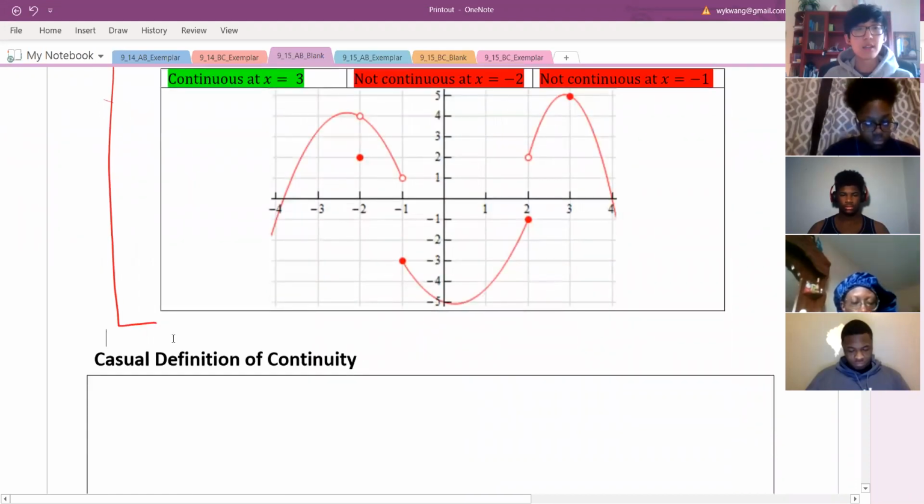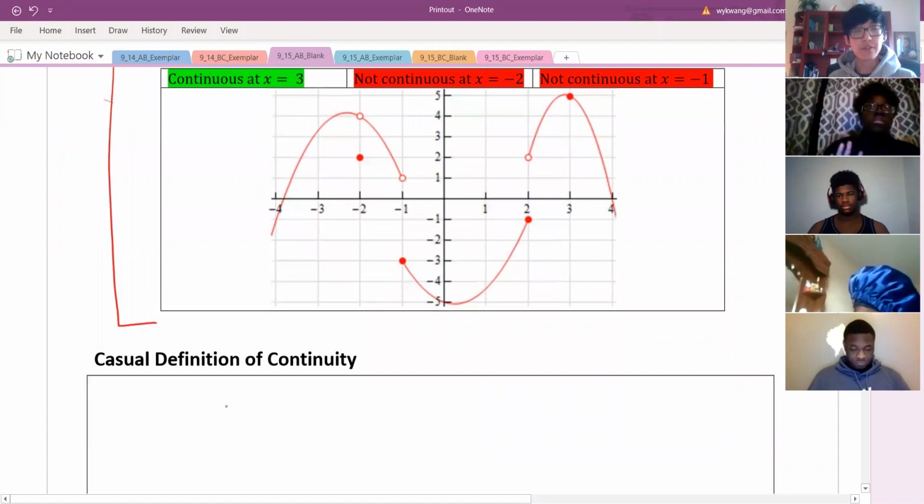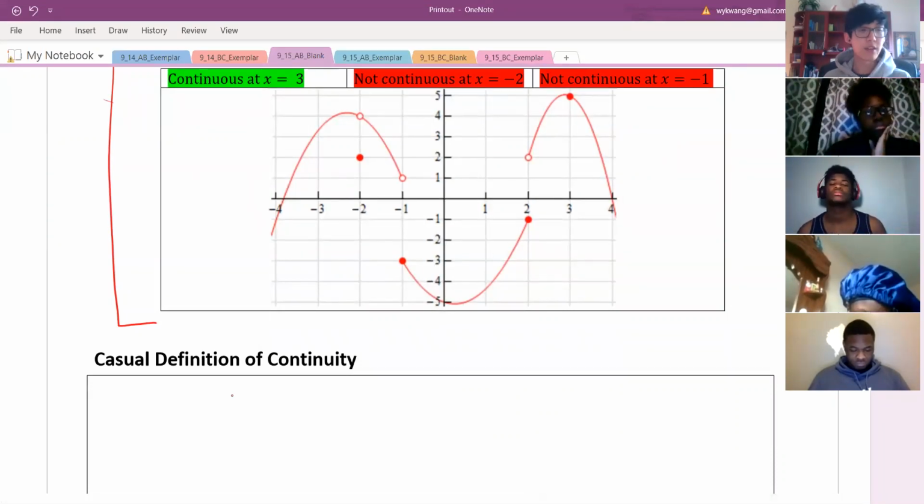What we're going to do right now is I'm going to give everyone 2 minutes to privately write down in your notebook, looking at this graph, what the casual definition of continuity is in your mind. And then we're going to come together as a class to come up with a casual definition. There is a mathematical definition that we can precisely define continuity with mathematical terms.